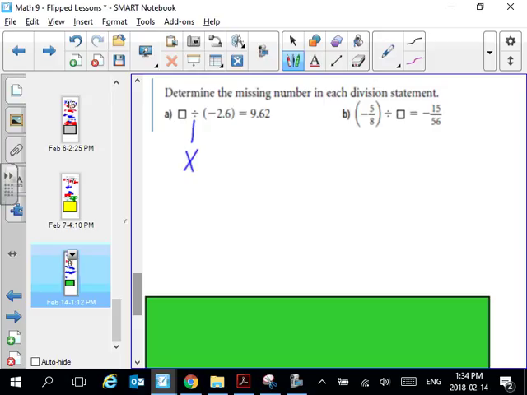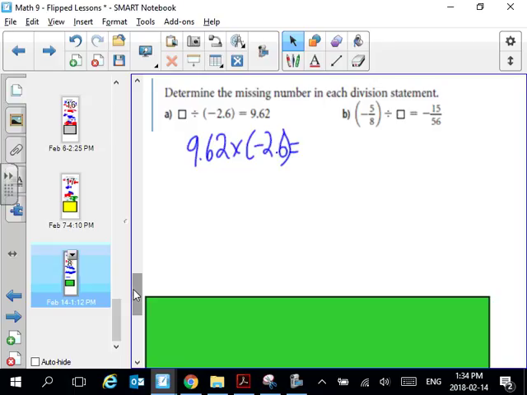So what I'm going to do is basically just do this whole equation in reverse. So I now have 9.62 times negative 2.6 equals. So I've reversed the equation and inverted my operation.